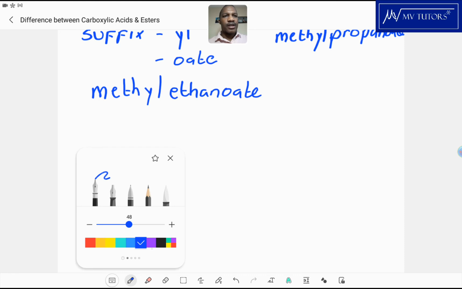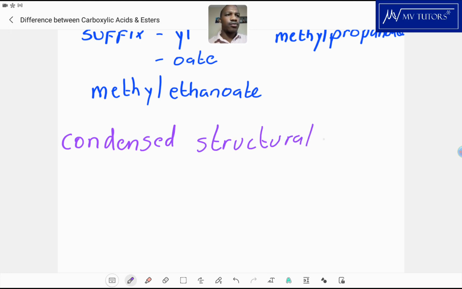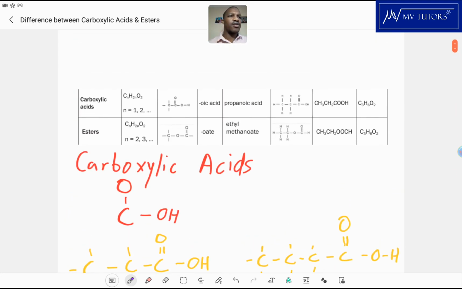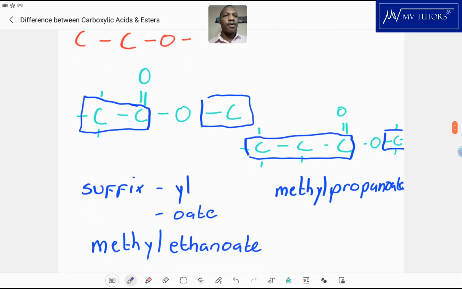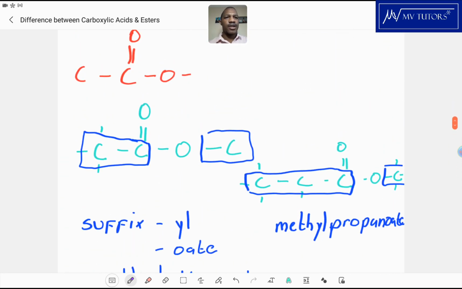Let's take a look at the condensed structural formula. Okay, there we go. All right, so as you can see, I want us to count it here actually. Let's look at this.